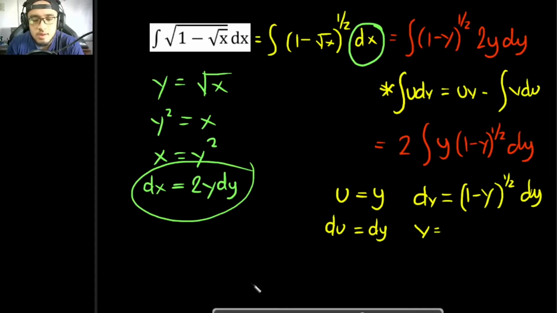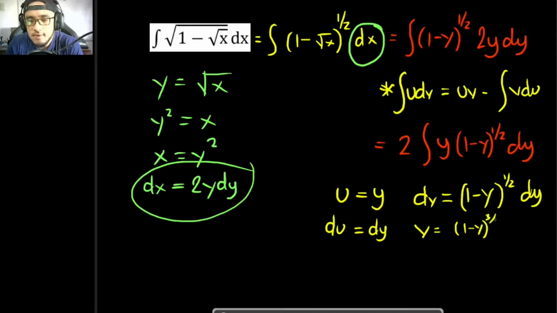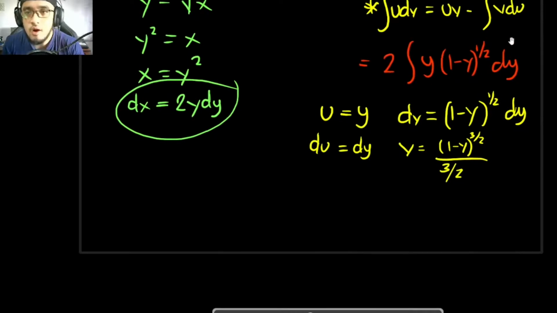So getting the integral of that is equal to 1 minus y raised to n plus 1, and n plus 1 is equal to 1 half plus 1, which can be rewritten as 1 half plus 2 over 2. So that is 3 halves. So 1 minus y raised to 3 halves divided by n plus 1, which is 3 halves, plus c. But it is okay for us not to include plus c yet, since we are dealing with integration by parts and it wouldn't mean that much.